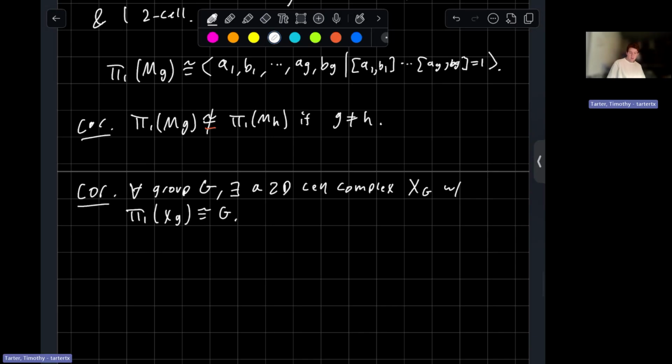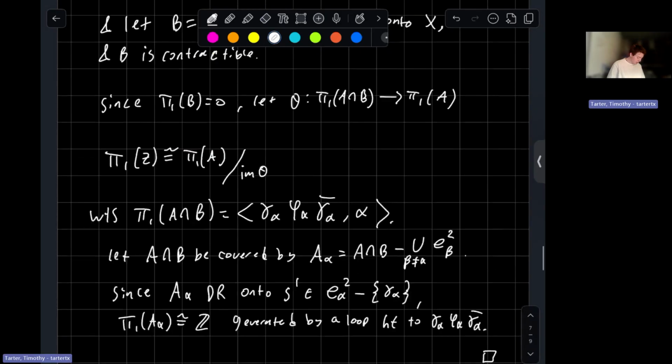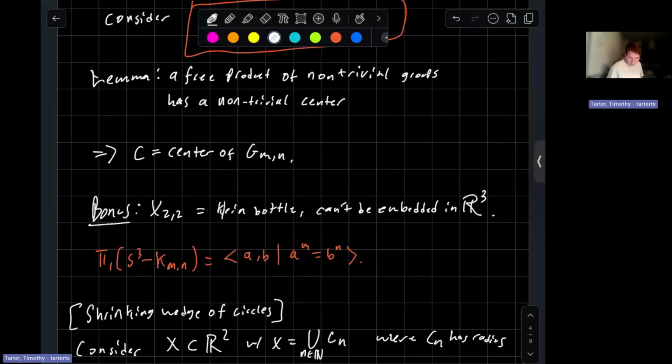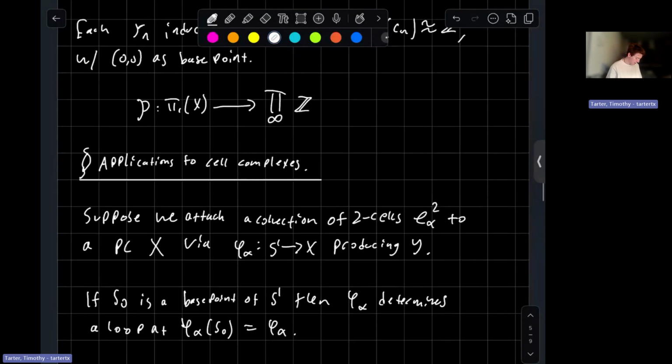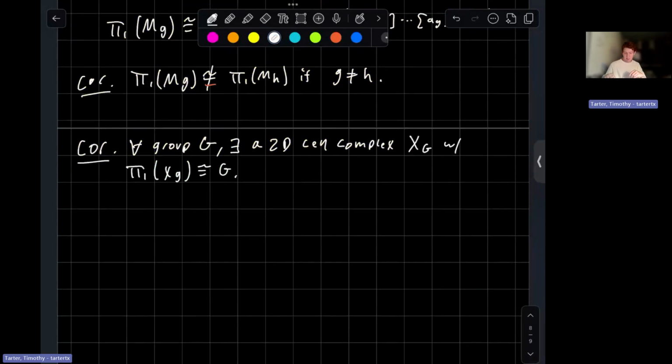Yeah. So now we're at the end of Van Kampen's theorem. We've been going for about an hour. There's a lot of exercises that I think have to be done. Not that I've looked at them, but based off of how I'm feeling right now, I feel like I need to do some exercises.